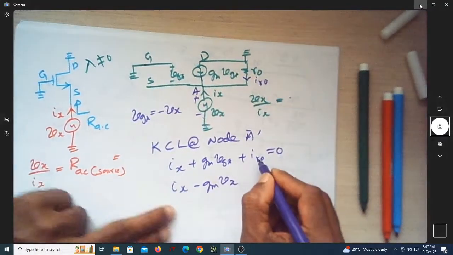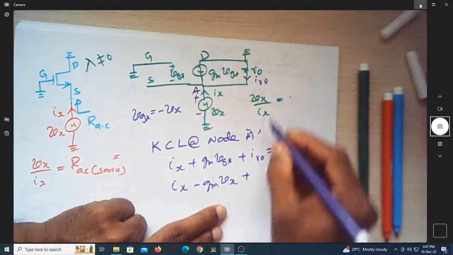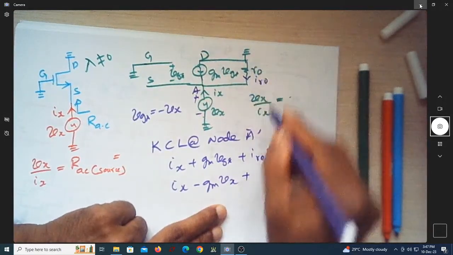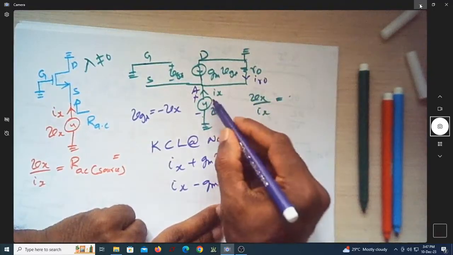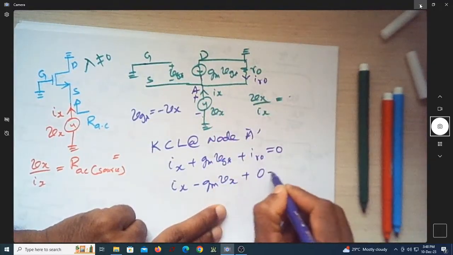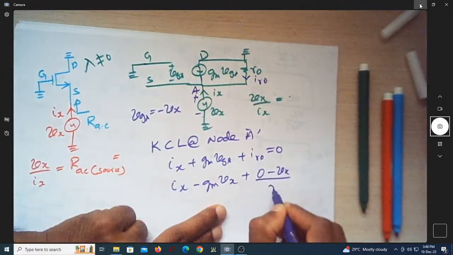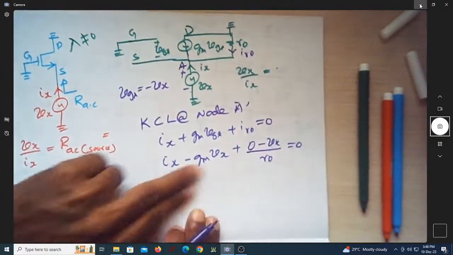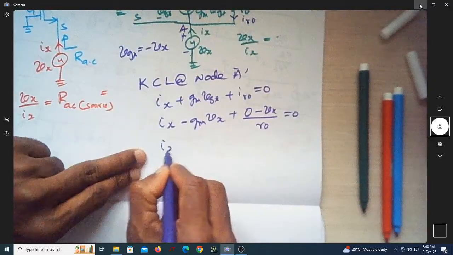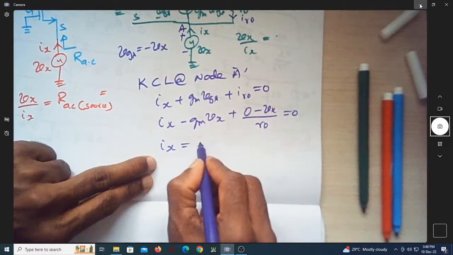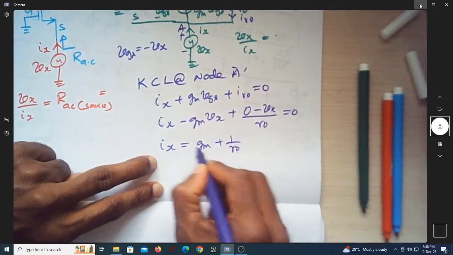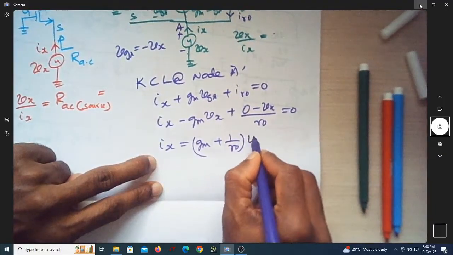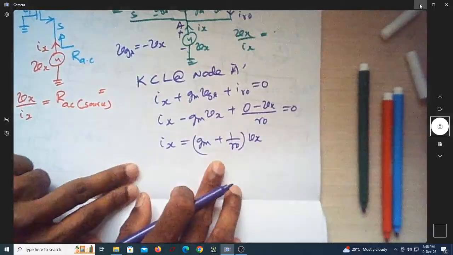What is this current IR0 flowing here? Is the potential 0 here at one end of R0? What is the other potential? Is it not Vx? It is 0 minus Vx by R0 equal to 0. So can I now write Ix equals gm plus 1 over R0 into Vx? So I can write it as so.